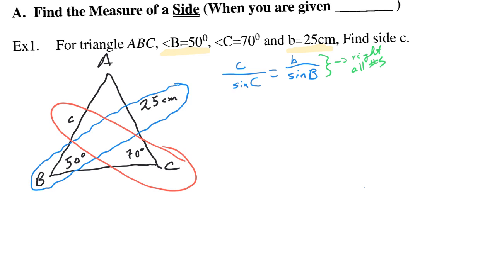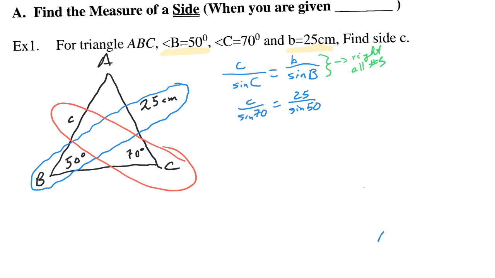And there's only one missing thing on the left side. So let's test it by filling out what we know. So you've got C over sine of 70 is equal to, well, 25 over sine of 50.